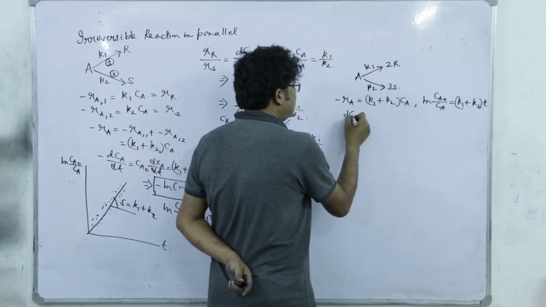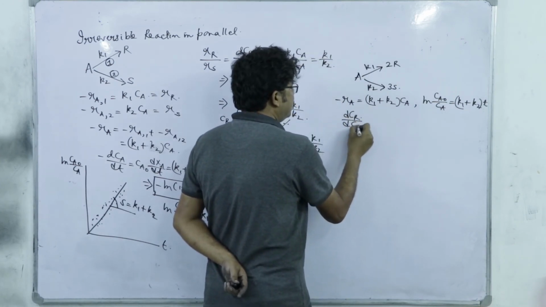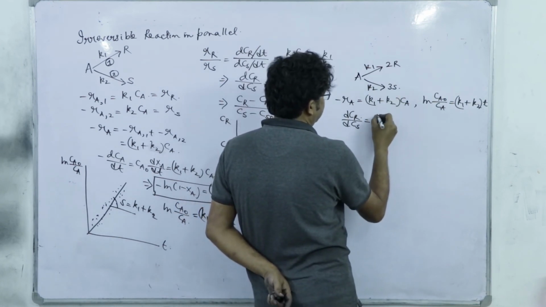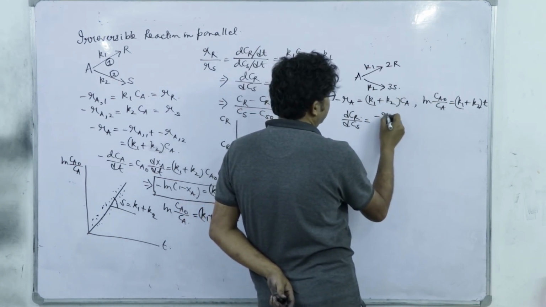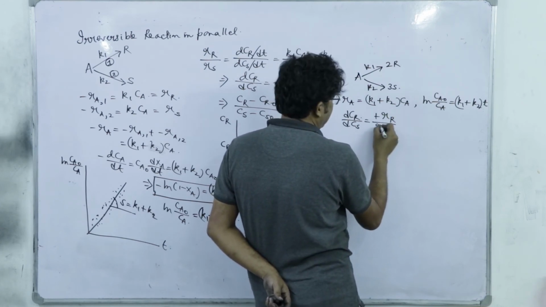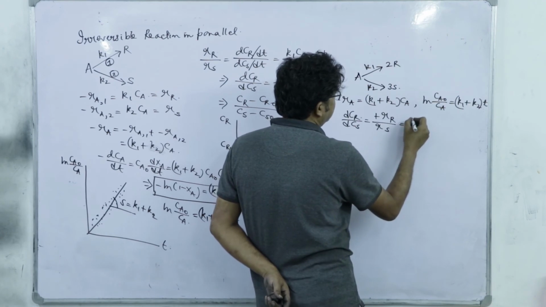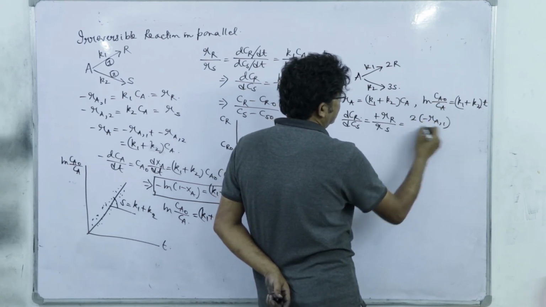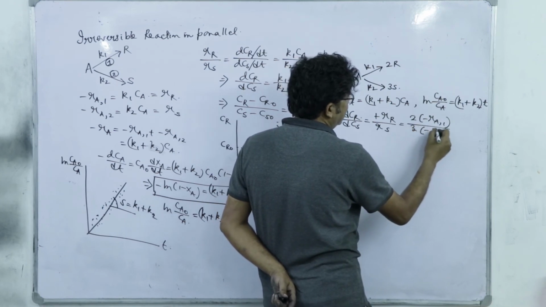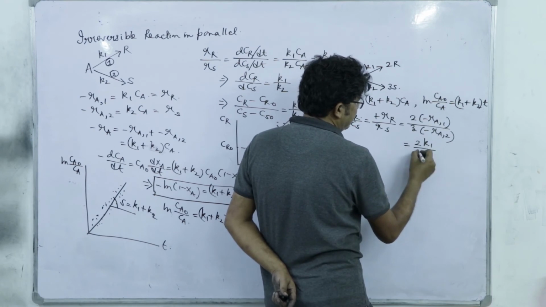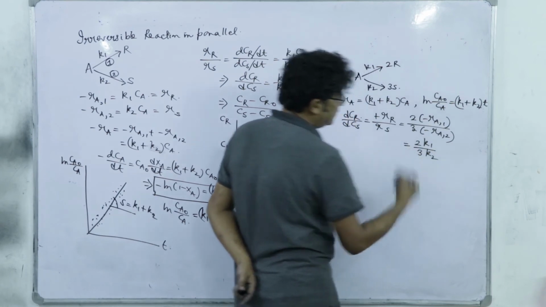However, dCR by dCS, just try to understand that here this is equal to rR and rS. So this is twice of minus rA1, thrice of minus rA2. So 2K1 divided by 3K2. So here the slope changes.